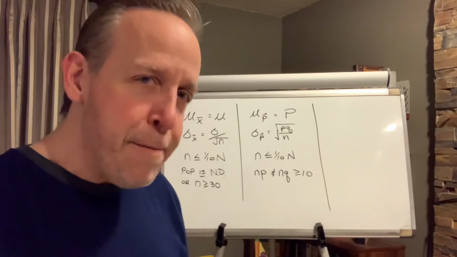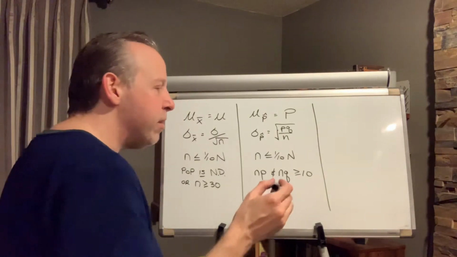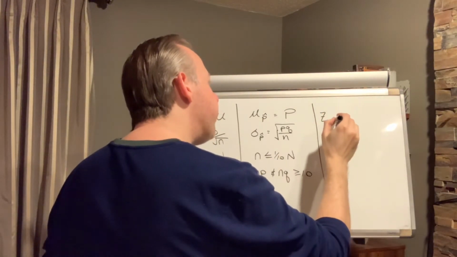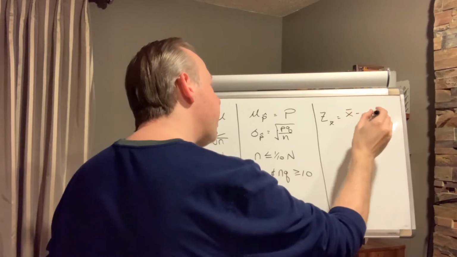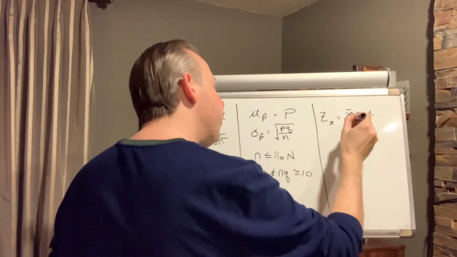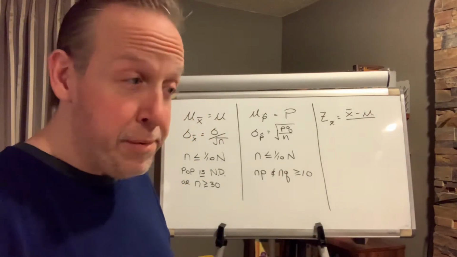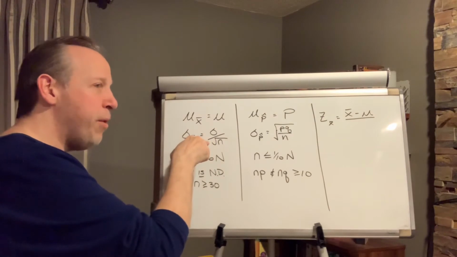But what if I do a sampling distribution and I'm looking for a sample to have a certain mean? The z-score for a sample mean is equal to the sample mean I'm looking for, x bar, minus mu, divided by, not sigma because it's a sampling distribution, so it'll be divided by sigma over root n.